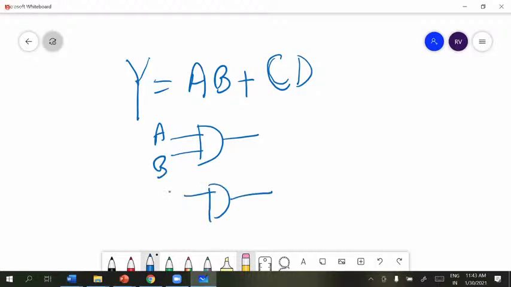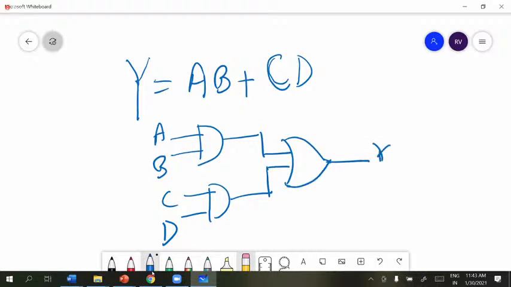Then what gate do I have to use here? An OR gate. So this is AB, this is CD, and then AB plus CD. I am asking you to implement it using only NAND.